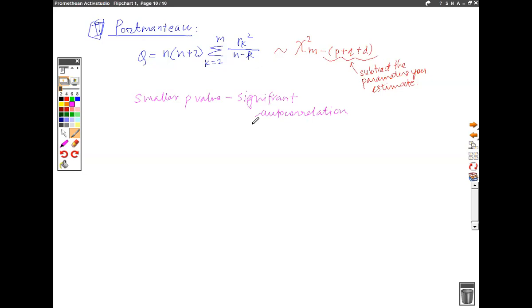Now let us look at the actual process of identifying whether we have an MA(q) or an AR(p) process. We have already seen this, but let me write it again. Whenever I have an MA(q) process, I know that my ACF is going to be what?